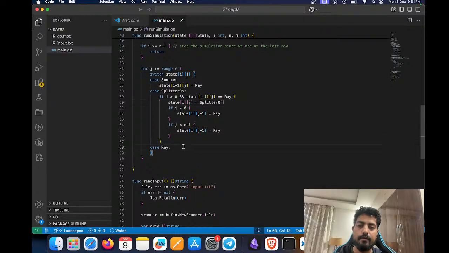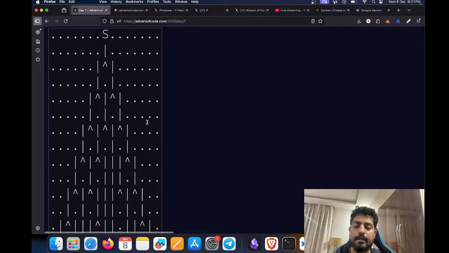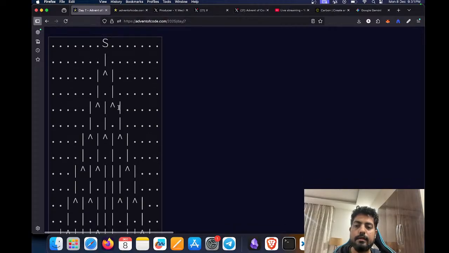And now if we have a ray, what can be the different states that we have? So if we see a ray here, then we don't have any other option but to mark the one below as a ray only.